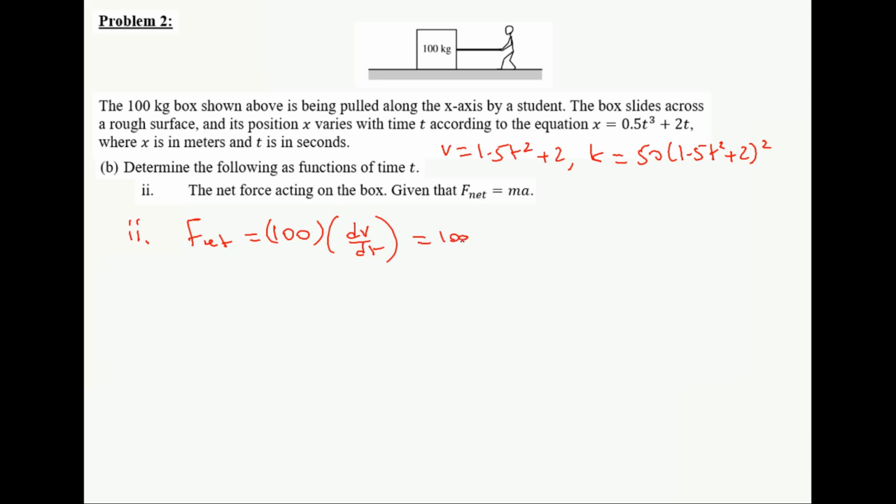So 100 multiplied by d by dt of 1.5 t square plus 2, and that would be 100 multiplied by, so the derivative of the constant is 0, quadratic would be linear, which is 3t, and that would be 300t. So no need to put any unit because it's parameterized by time.